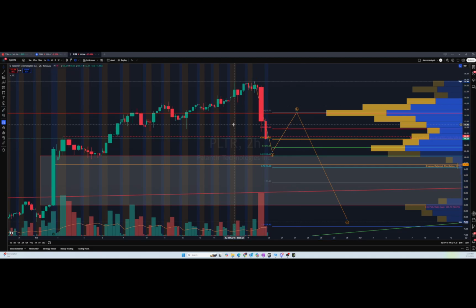That's what I'm looking at for Palantir tomorrow. But if you're in Palantir and it comes down to 100, I would probably take profit. If I'm in puts, I would probably take profits around that area, seeing that whales have their target, their support, there.